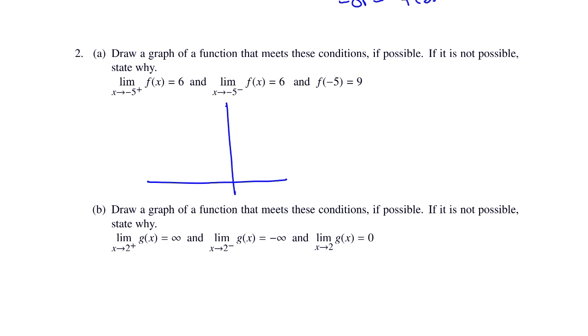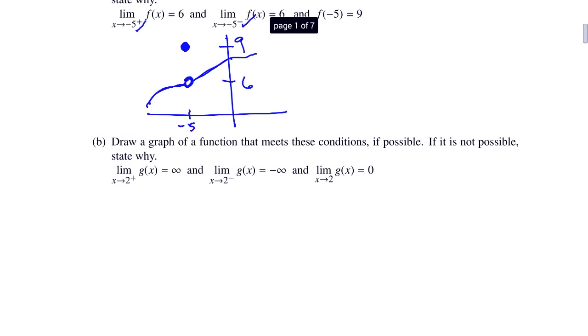So here is -5, and the limit goes to 6 on both the left and the right, so something like that. But then the function value is 9, so we just put a solid dot up there. The open circle here indicates that there is no function value there, but the graph leads into that point from both the right side and the left side.